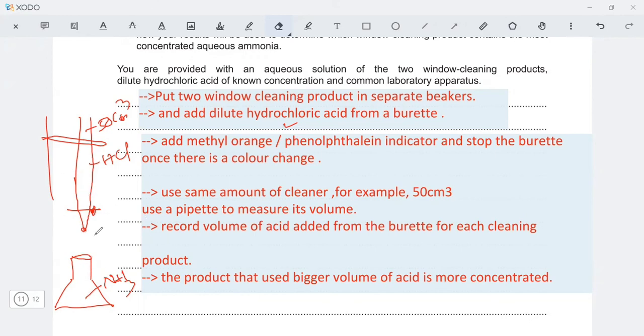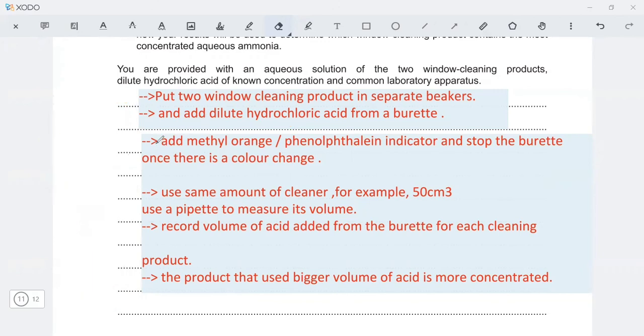This is the procedure we use. You take the solution in the conical flask by measuring with the pipette, and then you add the hydrochloric acid drop wise after adding the indicator. Once there is a change of colour, you find that is the endpoint. So how do you investigate this?